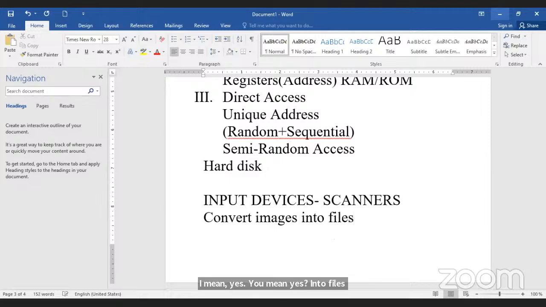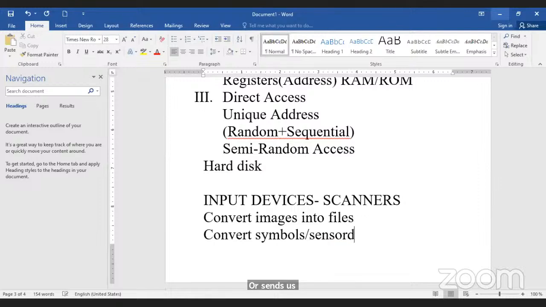Then we have some scanners that can be used to convert symbols, or let me use the word sensors, into data.